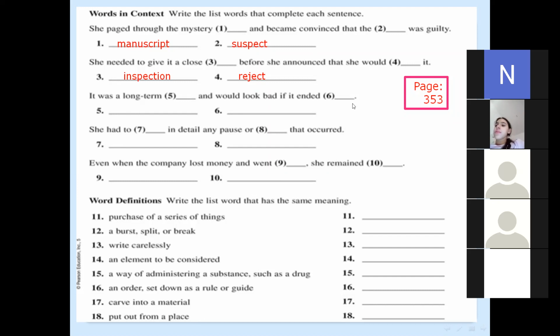No. Subscription. When you are working on something. Project. Oh, it was a long-term project and would look bad if it ended abruptly.